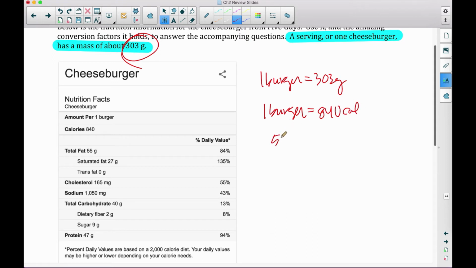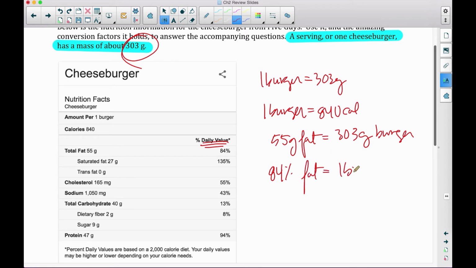We know that 55 grams of fat is equal to 303 grams of burger, if we wanted to. We could even look at our percent values, for example, 84% fat of the daily value. This is just an estimated amount that the average person might need in a day. So 84% fat is equal to 1 burger.